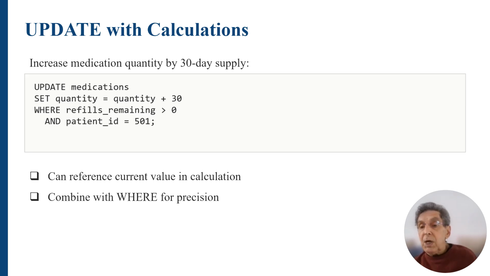You can use comparison operators, the like statement for pattern matching, and the in for specifying a list of possible match values. And the key is to be precise enough that you update exactly the records you intend to and nothing else.